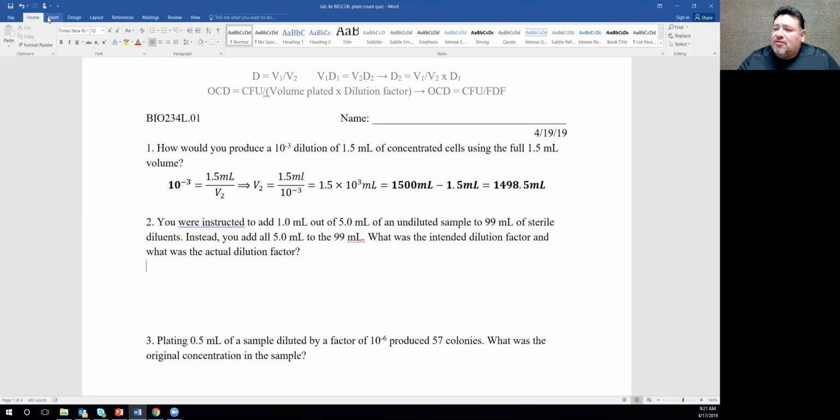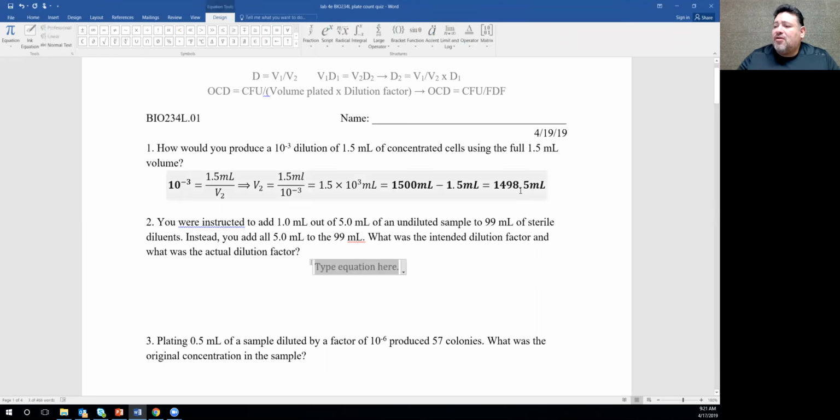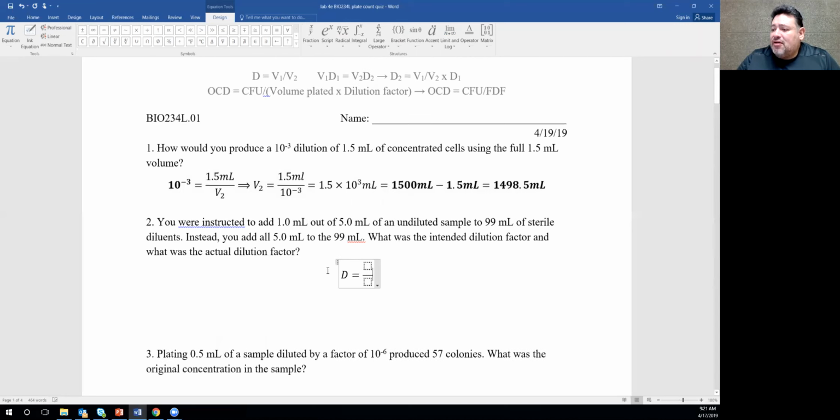Okay. So using good old equation writer here, we're going to say that the dilution is going to be equal to the initial volume, which is supposed to be 1 milliliter, so that's 1.0 ml. Okay. And we're going to divide that by the final volume. Well, the final volume was supposed to be 1 milliliter plus 99 milliliters, which make it 100 milliliters. Okay.